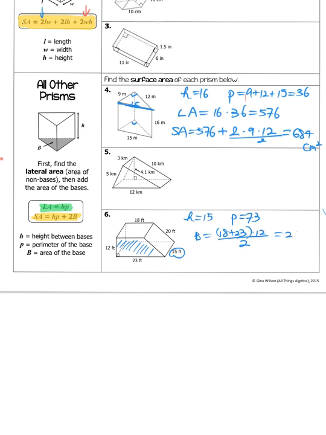I should have 246. And so your surface area is simply 15 times 73 plus 2 times 246. And you should come out to be 1587 square feet.